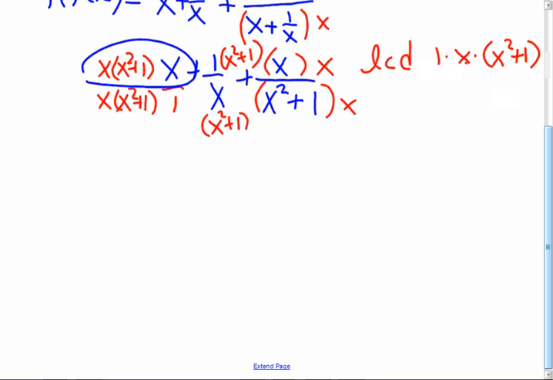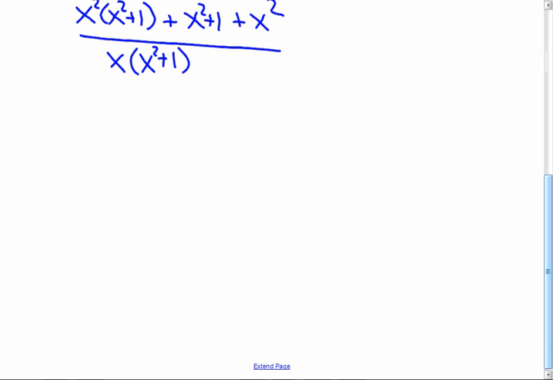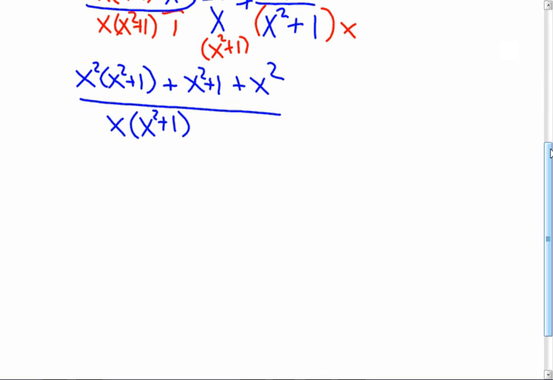Multiply this out. I get x squared times x squared plus 1. Multiply this out. x squared plus 1. Multiply this out. All over. We didn't clear them out. We're stuck with them. x squared plus 1. And I believe they have you, no, they don't factor that. I mean, they don't multiply it out. I don't know if they do. Somebody can look in the back of the book and see.